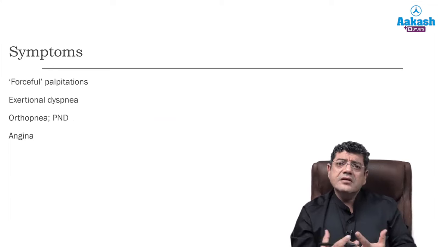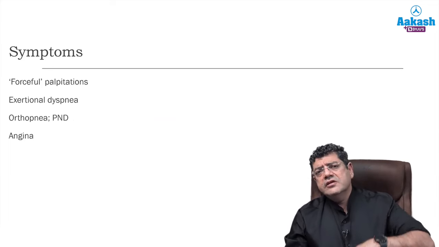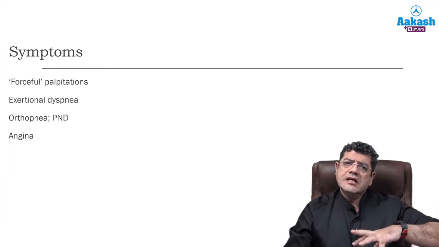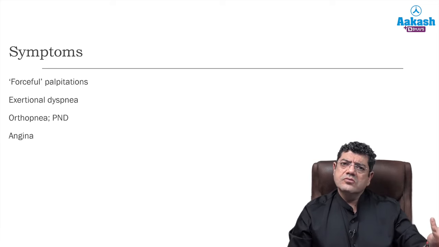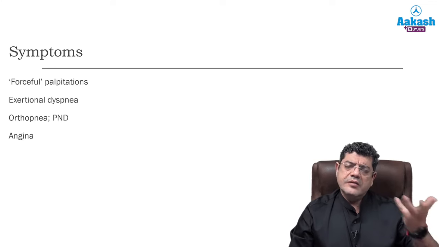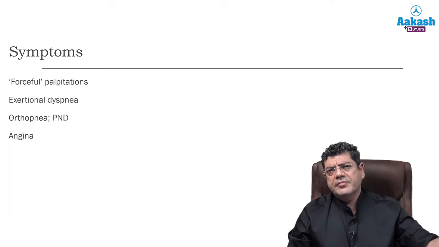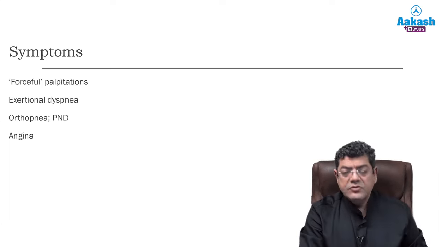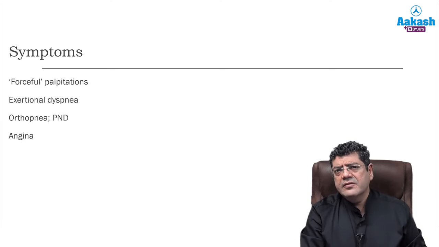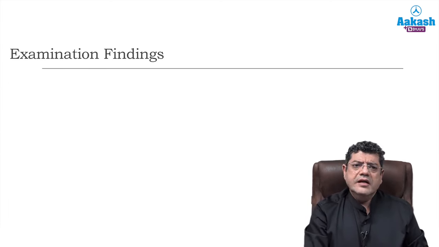Of course, AS and AR can also give rise to, eventually, back pressure that will cause the left atrium also to enlarge and be unable to accommodate pulmonary venous return. That will lead to pulmonary hypertension. Those are very late phenomena with disease of the aortic valve alone, right?